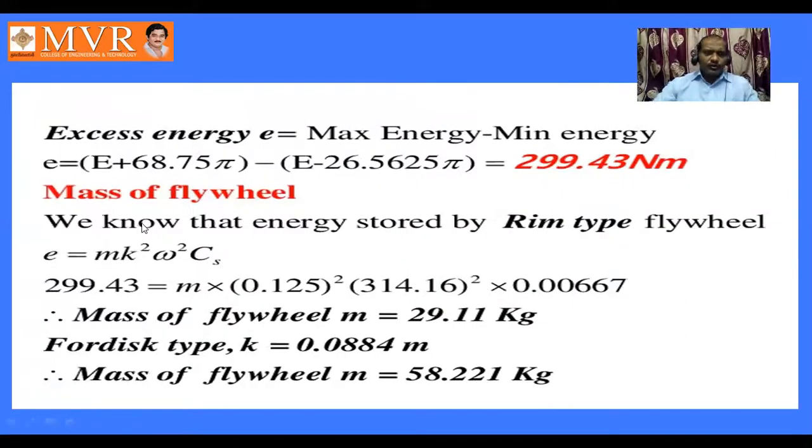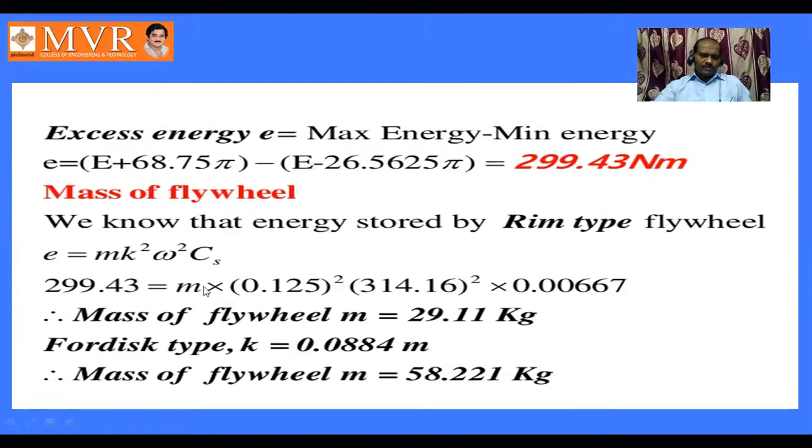Next, we know the mass of the flywheel is given by, that is, energy stored in the flywheel is given by E. It depends upon E is equal to m k square omega square cs, where m is the mass of the flywheel, E is the excess energy, k is the radius of gyration, omega is the angular speed of the flywheel, and fluctuation in speed is given by cs.